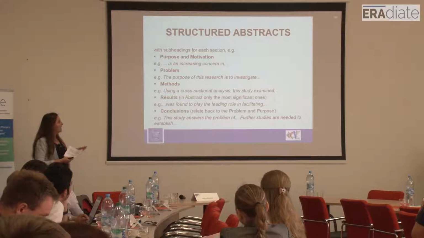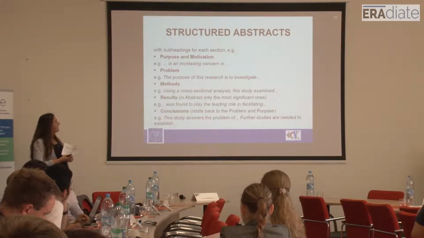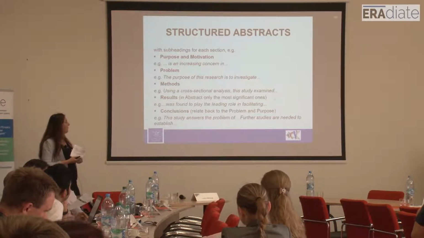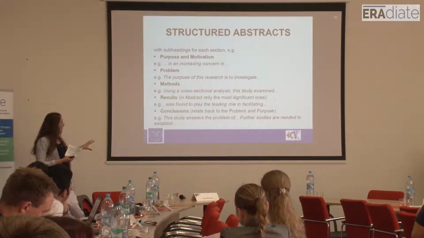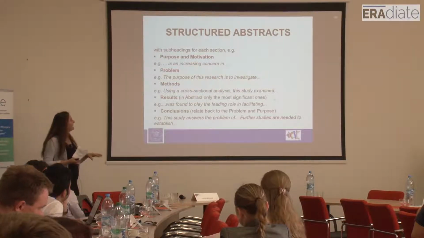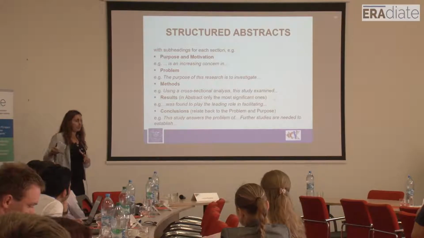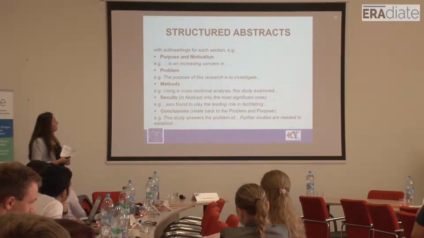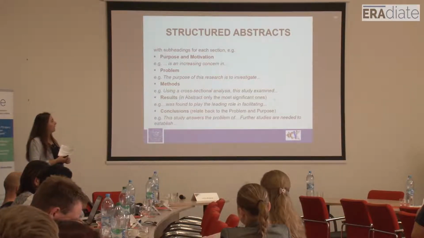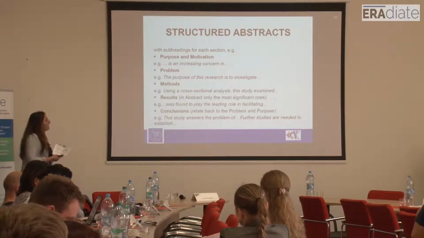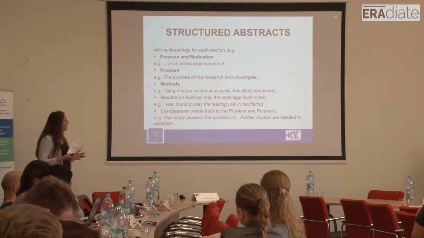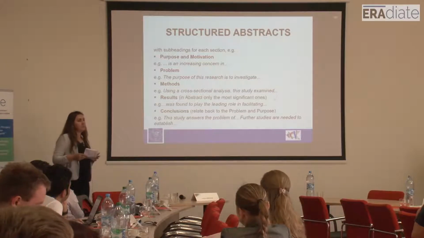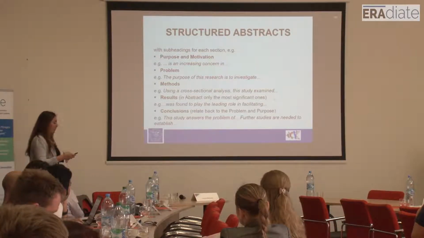In abstracts, once again, you should only state the most significant ones. A phenomenon was found to play the leading role in facilitating, etc. And then the conclusions, where you should relate back to the problem and purpose. So this study answers the problem of, further studies are needed to establish, etc.